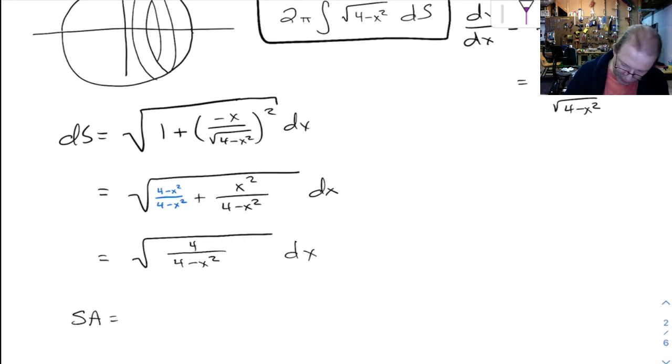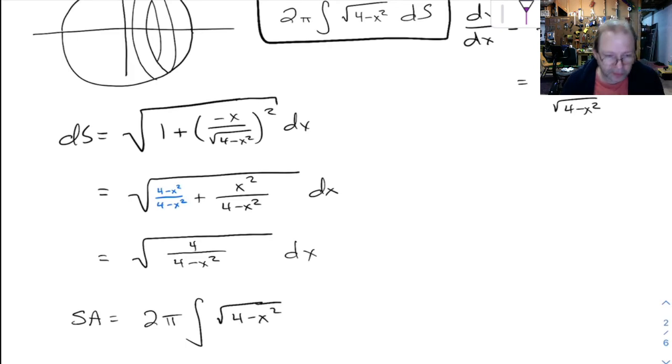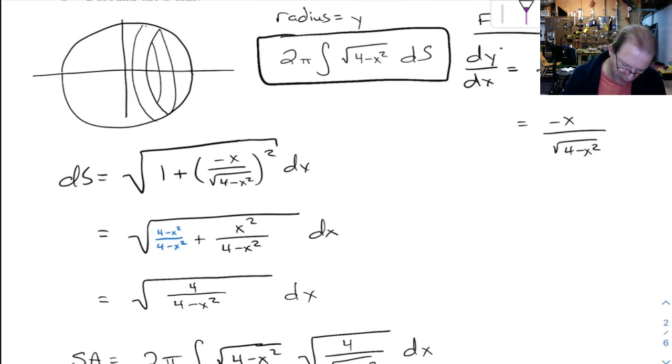So my surface area is going to be 2 pi integral of square root of 4 minus x squared, and then the ds gets replaced with square root of 4 over square root of 4 minus x squared dx. And what are our endpoints here? Our endpoints go from this point to this point, so our endpoints are negative 2 to 2.